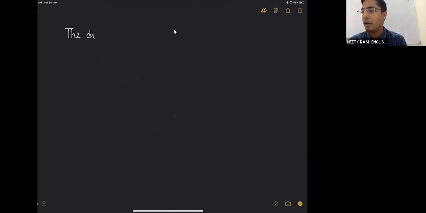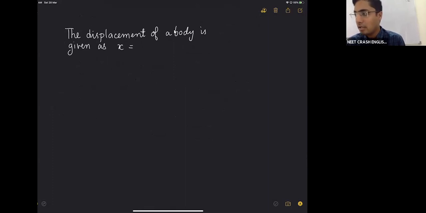The displacement of a body is given as x equals 3t square minus 4t. What is its initial velocity?